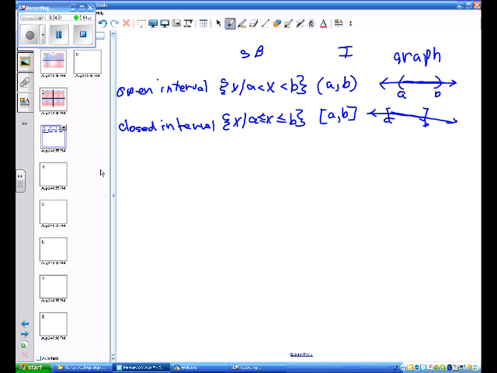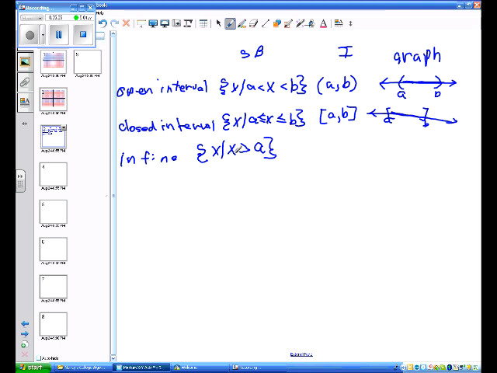If we want to talk about where it starts and goes to infinity, so one type of infinite, let's say it's going to positive infinity, then we would say that we're talking about all the x's such that x is greater than, or it could also be equal to that value, depending on what you want.